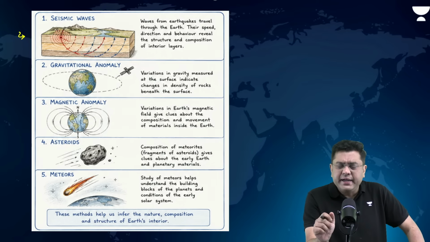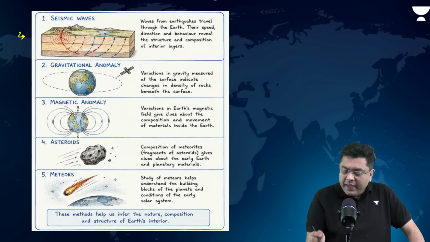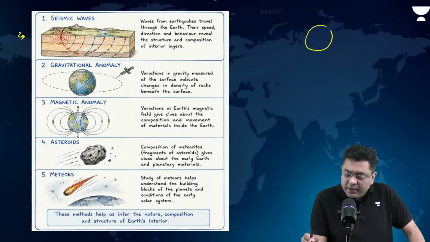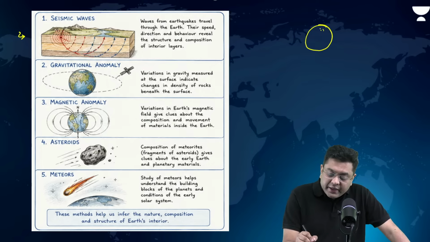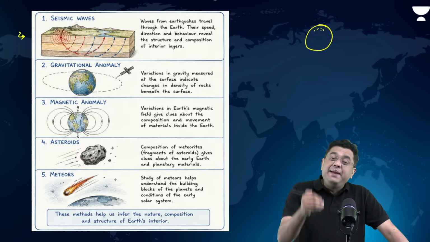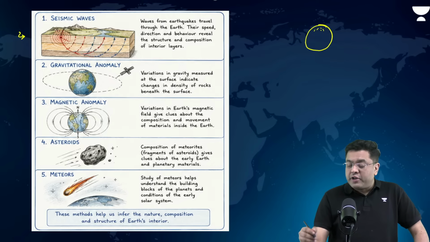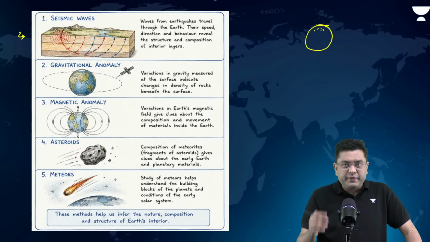But whenever an earthquake occurs in the interior, it will release energy. Okay. Let's suppose this is your planet Earth. An earthquake has occurred at a depth of, let's suppose, 100 kilometers. It will release energy. How much time does it take for that energy to shake the surface?